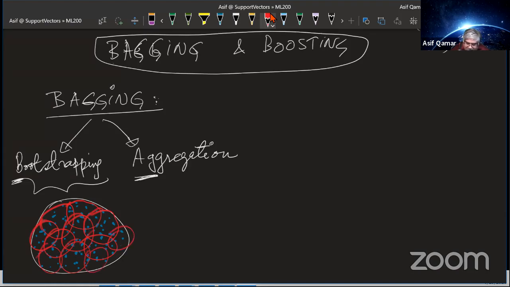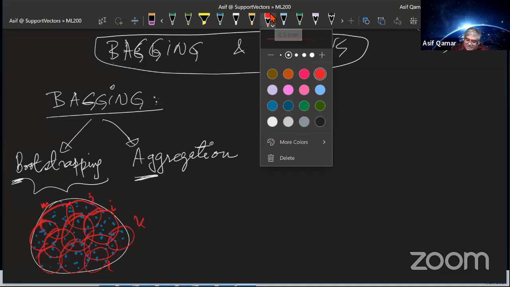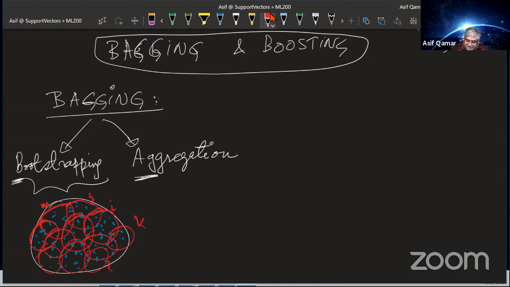And you realize that different people get different sets, different samples, let me call it I, J, K, L, M. So any two samples given, sample I intersection sample J, is not necessarily null.